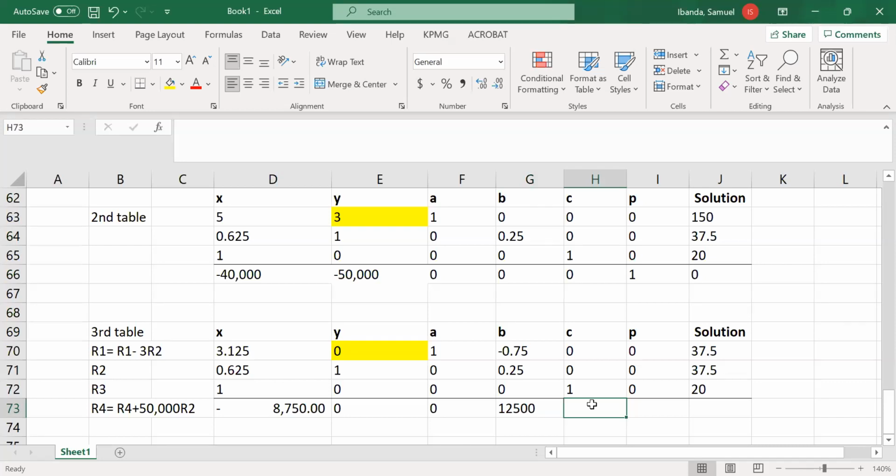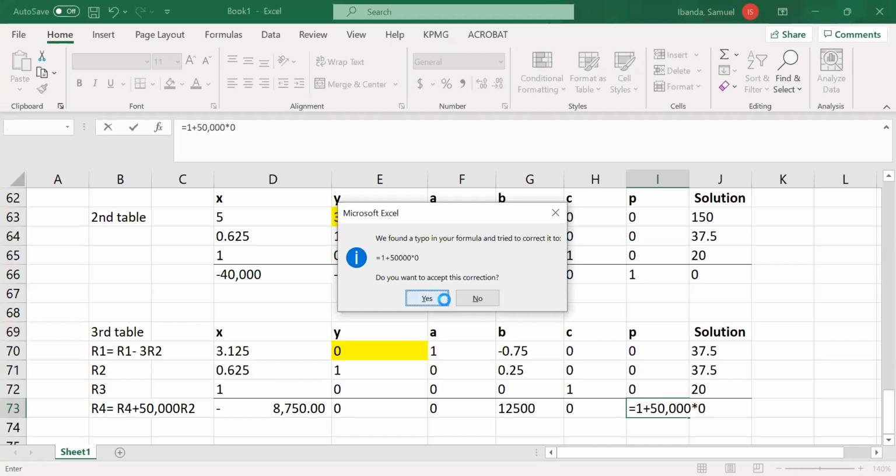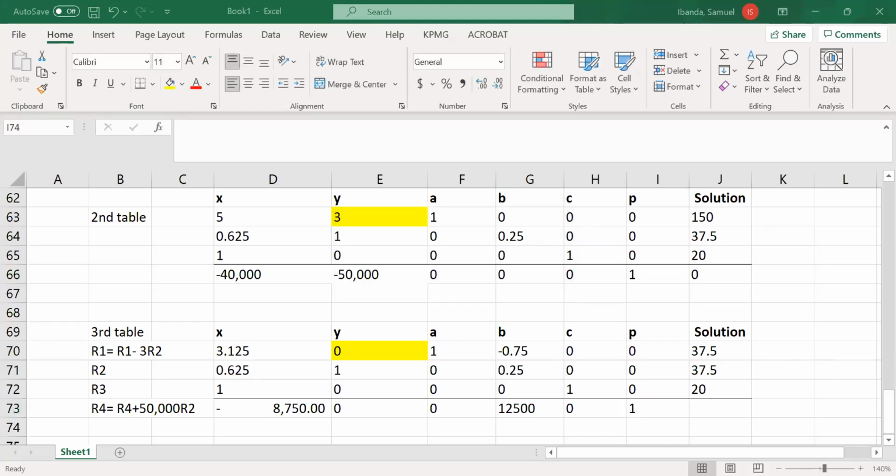And then the next one. We have a 0 here, we also have a 0 here. So ideally this will also be a 0. Not the same story here. Here, remember, it will be 1 plus 50,000 times 0. I'm just trying to demonstrate this for you, which will be a 1. So that will be 1 automatically.